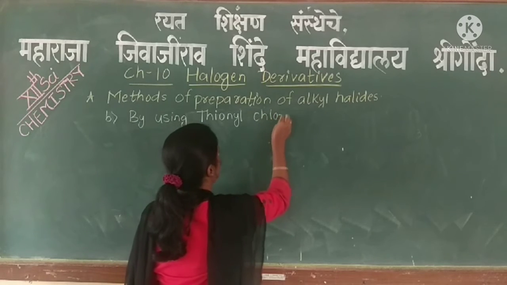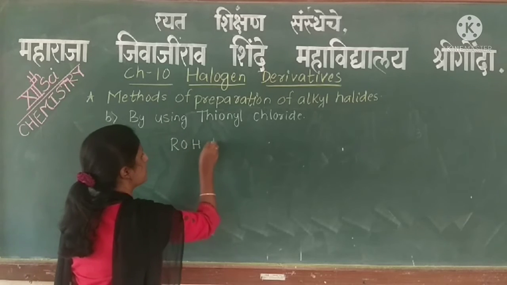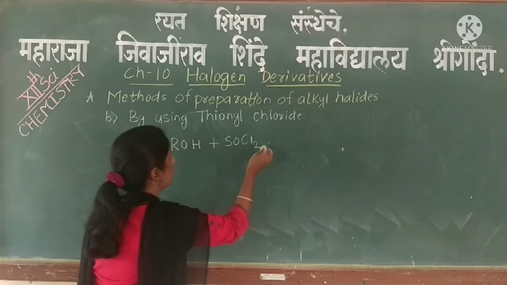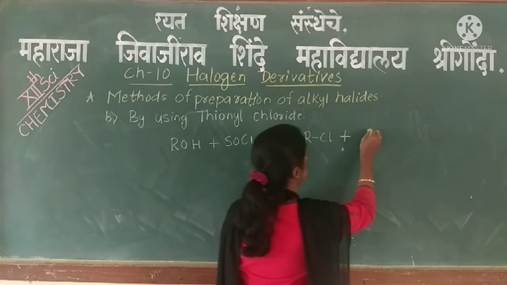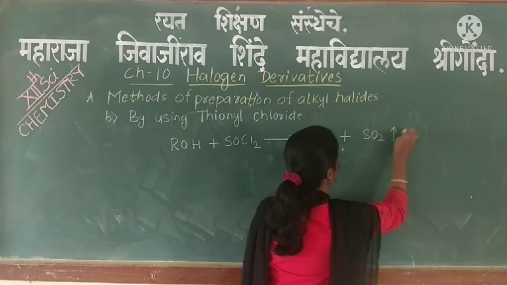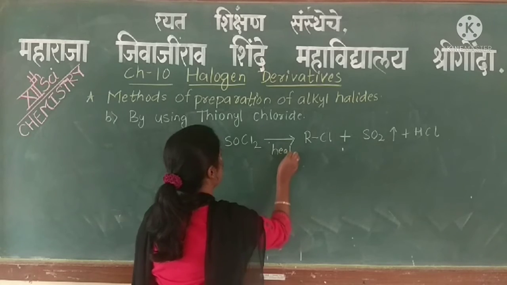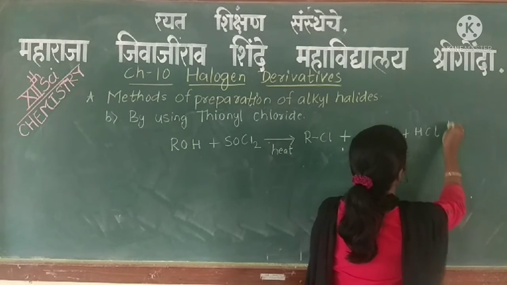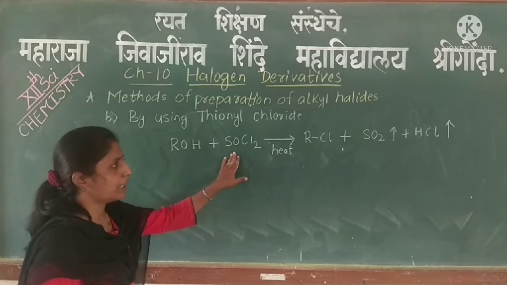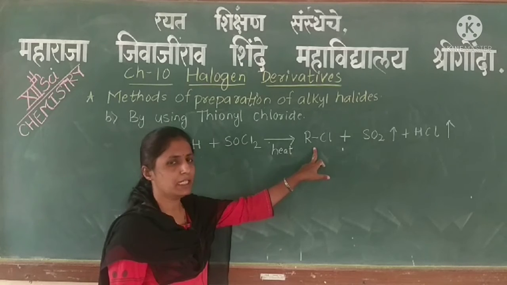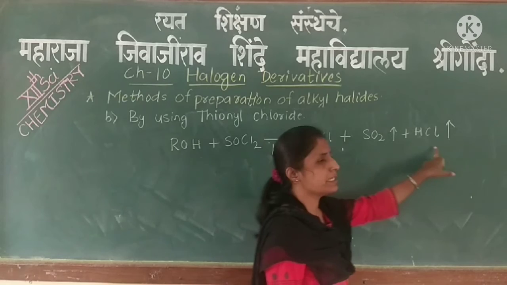Alcohol reacts with thionyl chloride on heating to give you alkyl chloride, SO2 as a gas, and HCl as a gas.